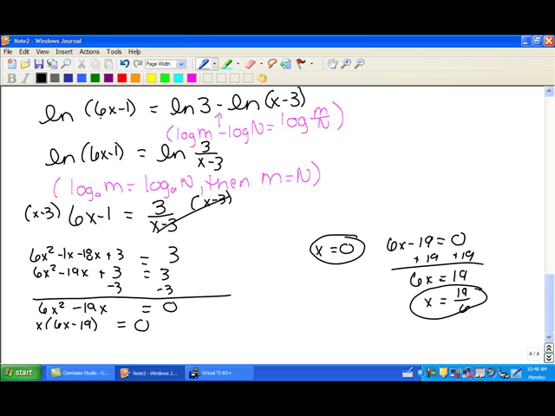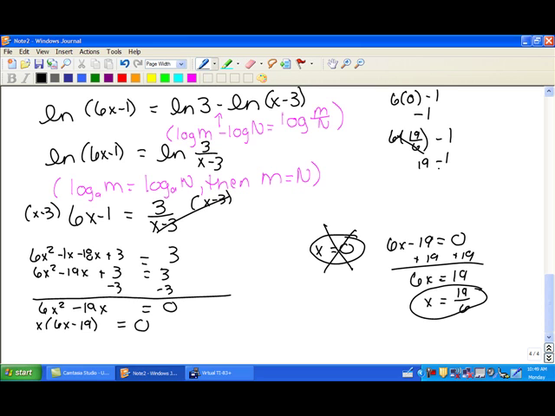If we try to plug 0 in, 6 times 0 minus 1 is going to be a -1, which means we would be taking the log of a negative number. Even though the 0 is not negative, it makes our logarithm here negative, so we have to throw the 0 out. 19 over 6, we'll see if that works. We'll have 6 times 19 over 6 minus 1.